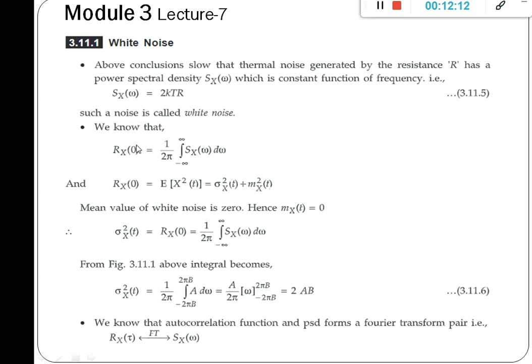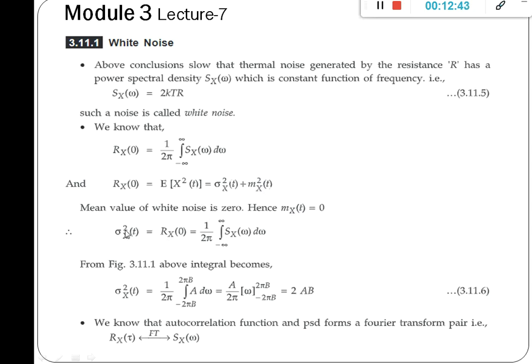And we know that Rx of 0 is equal to 1 divided by 2 pi into the integration from minus infinity to plus infinity of Sx of omega d omega, and the value of this is equal to E of x square of t from the previous things. It is equal to sigma x square of t plus mx square of t. The mean value of white noise is 0, hence mx of t is equal to 0.